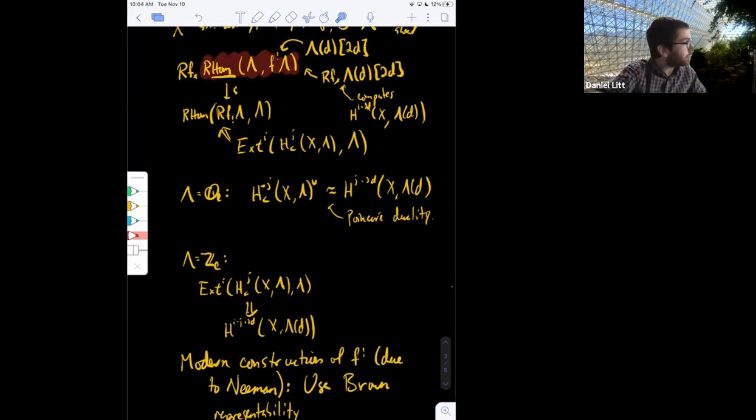Yeah, so one thing you can do is, what's the simplest thing to say? I guess the simplest thing to say is that you can just define things in terms of free resolutions, which is not so hard for Z_L modules.